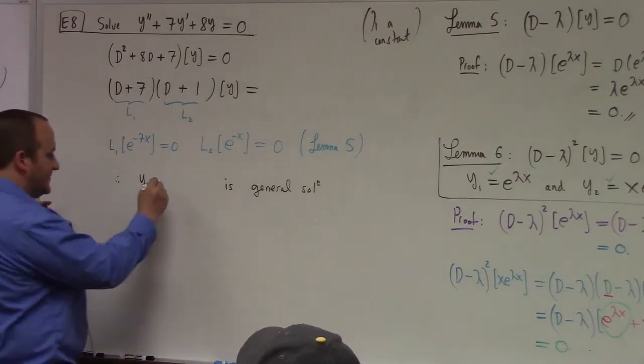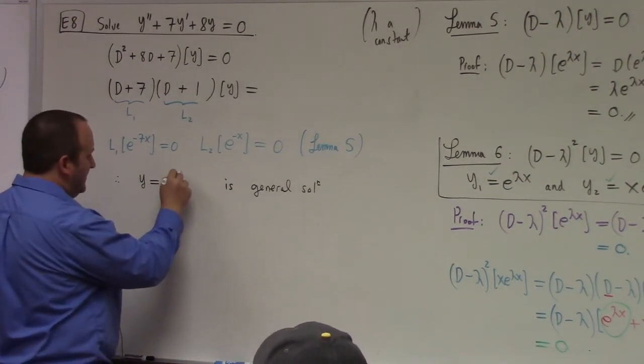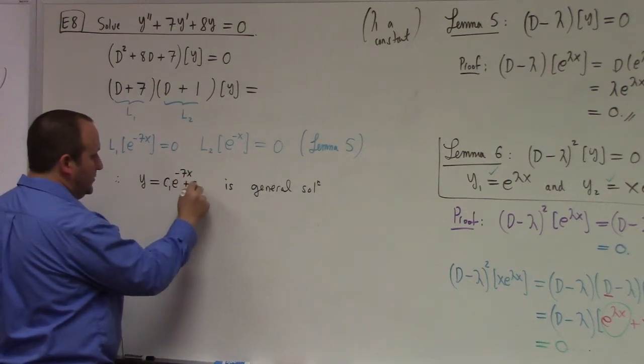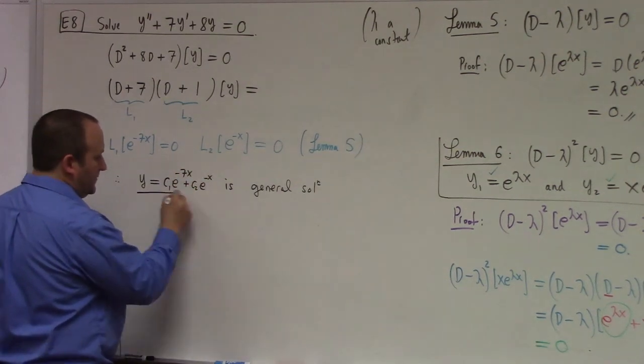All right. C1 e^(-7x) + C2 e^(-x). There you go.